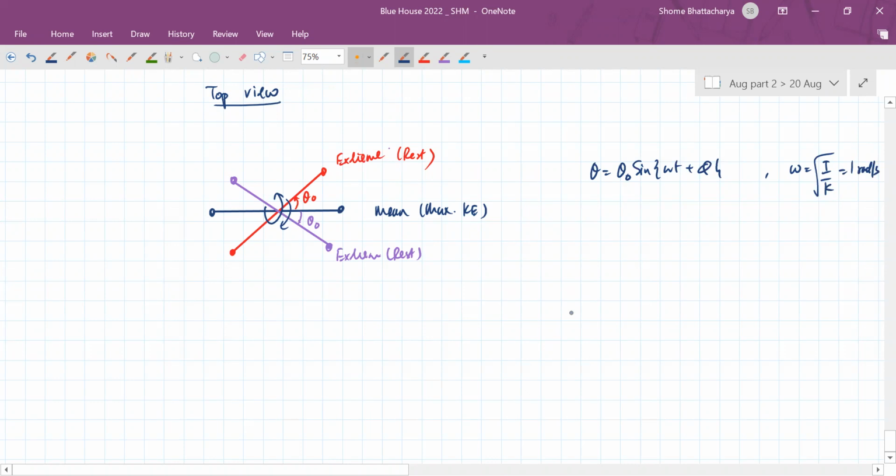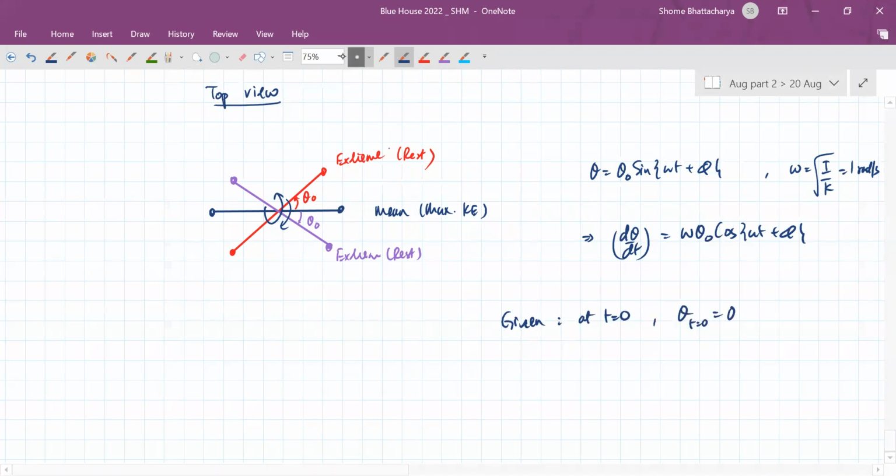Now we also see that this means that the angular velocity at any point of time, d theta by dt, is omega theta naught cos omega t plus phi. Now it was given that at t equal to 0, we had twisted the object through an angle of, I think, what was it, 0.2 radians.